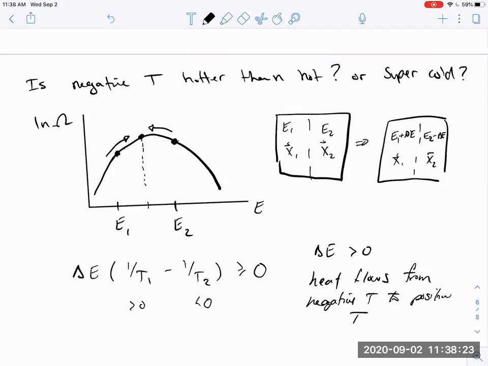Now, some of you physical chemists listening to this lecture have some direct experience with negative temperatures. Where do you actually observe negative temperatures in the laboratory? Yeah, that's right.